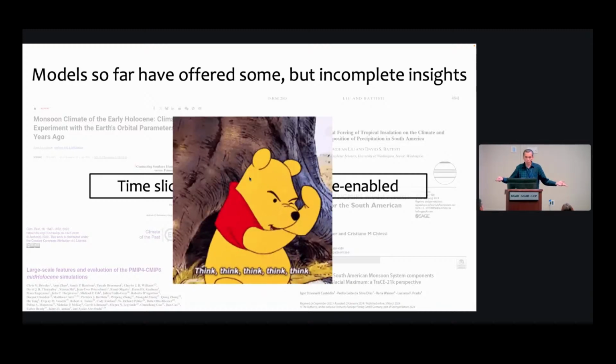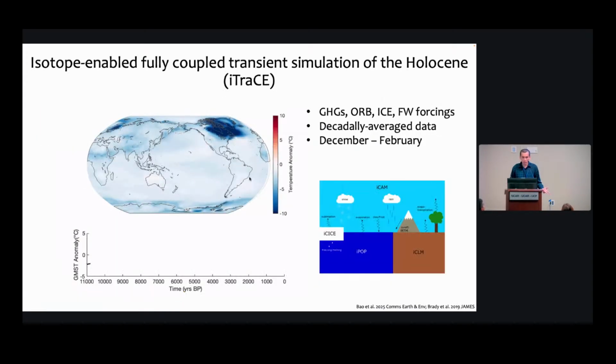So what can we do to better resolve this? One way is to look at an isotope-enabled version of a fully coupled transient simulation of the Holocene, which was done by Ball et al. and published in 2025. This model uses the isotope-enabled version of CESM, iCESM1, and it simulates changes from 11,000 years before present towards the present.